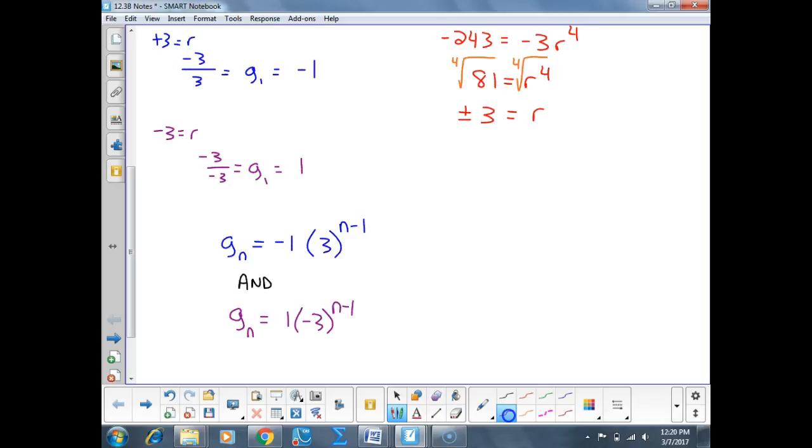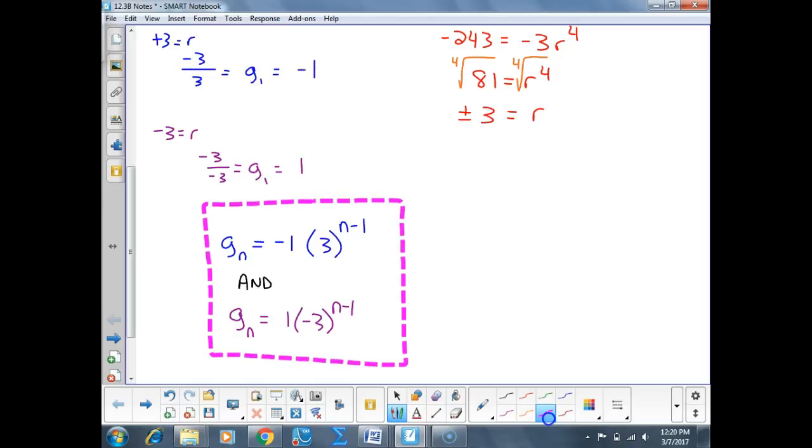Both of those are rules that make this scenario work. Different r's give me different g sub 1's, gives me multiple different equations going on. Okay. Questions on that?